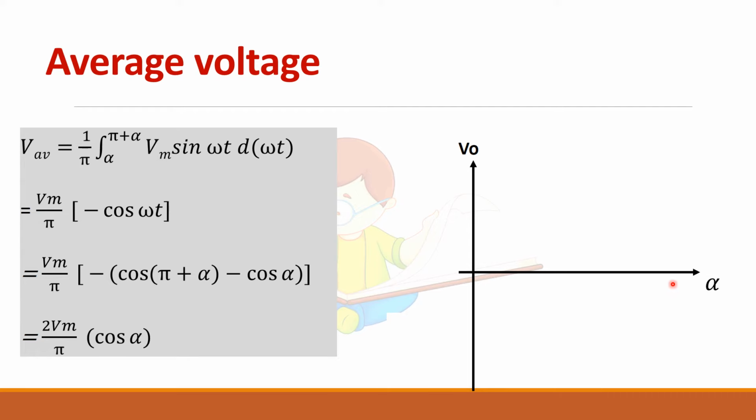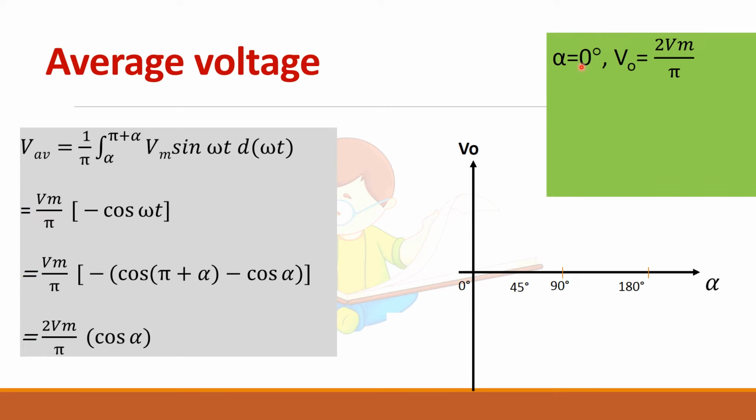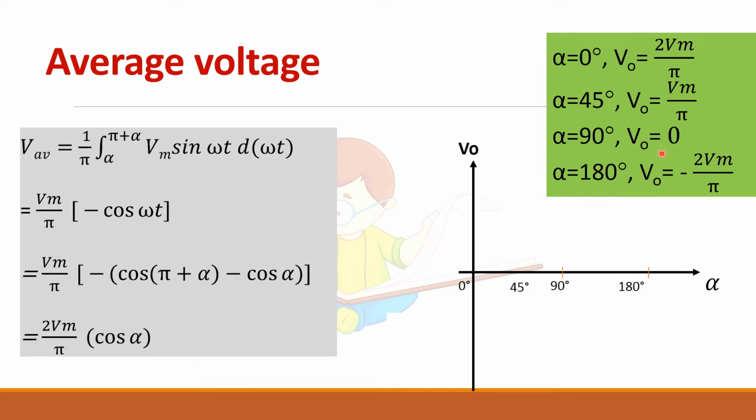So let us plot this between output voltage and alpha. What happens if you change the alpha, how will your average voltage change? Let us do the calculation. When alpha is equal to 0, cos 0 is 1, so V0 is equal to 2 Vm by pi. When alpha is 45 degree, V0 is Vm by pi, and when alpha is 90 degree, cos 90 is 0, so your output voltage becomes 0.